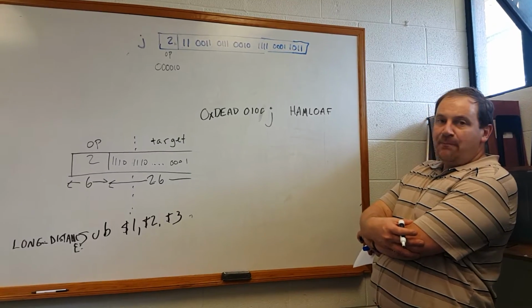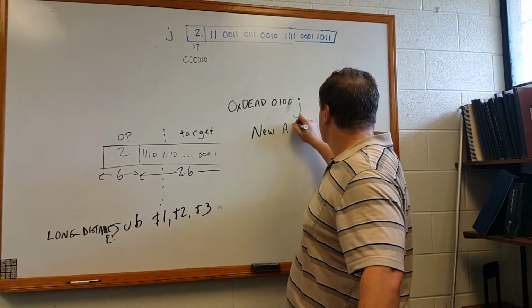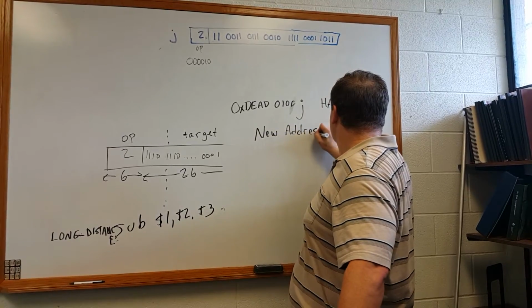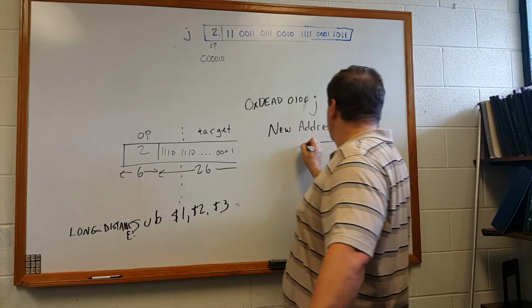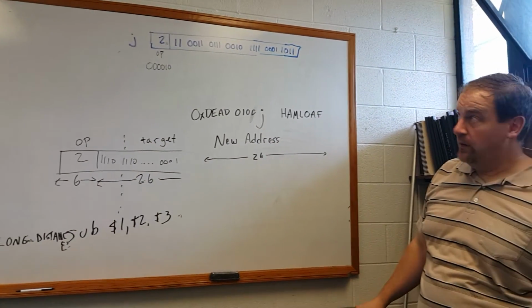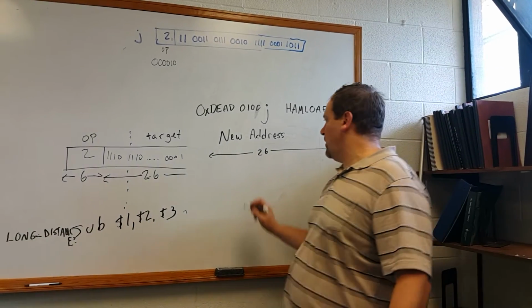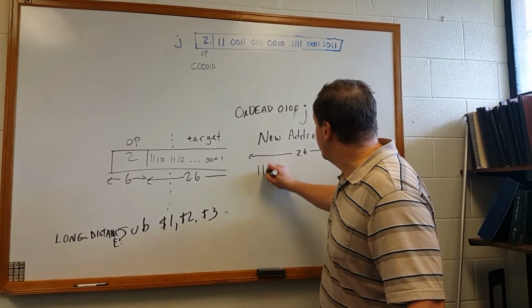I know that my new address is going to have the 26 bits of the instruction field, of the target field of the instruction. So I know that I'm going to copy down these 26 bits.